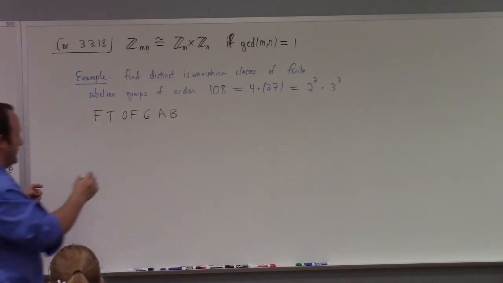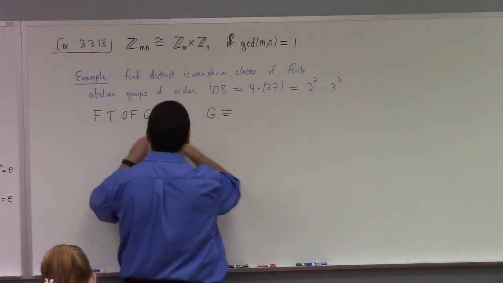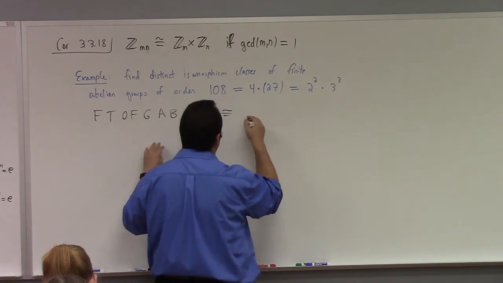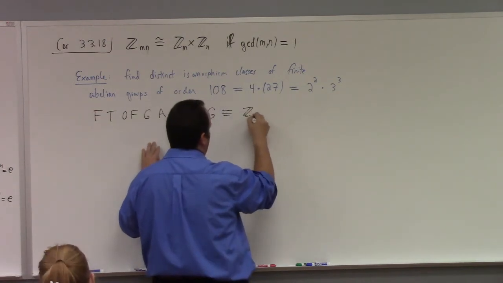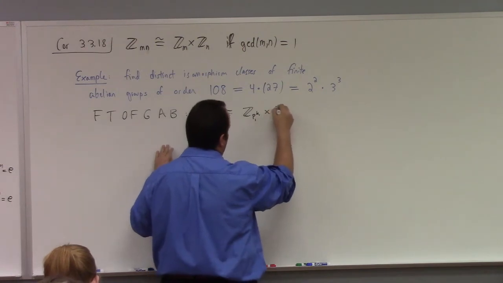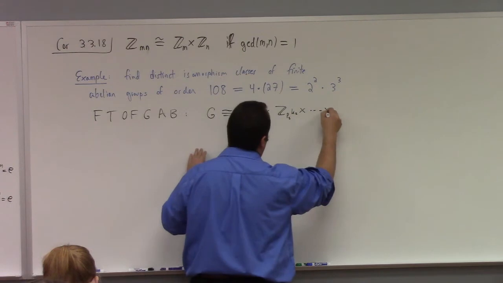So it basically just says this. If you have such a G, again, a finitely generated abelian group, it's isomorphic to Z_{p1^k1} cross Z_{p2^k2}, etc.